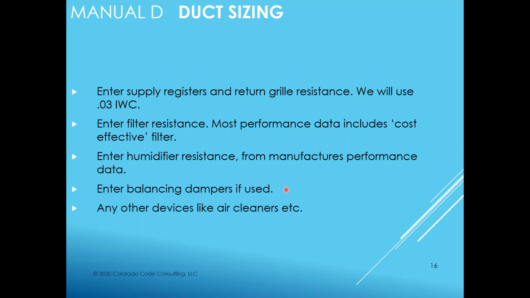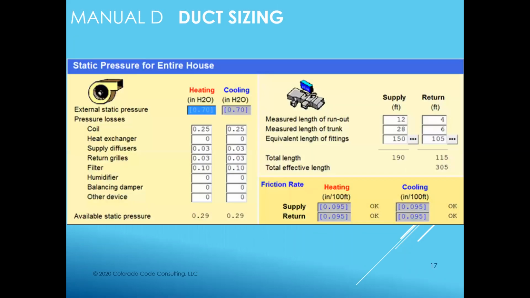If we're using balancing dampers, you could use the same 0.03 for those. Anything else we're putting in the way. The beauty of it is this is not just a screenshot from the software. Elite and RightSoft actually do a report that gives you this detail.